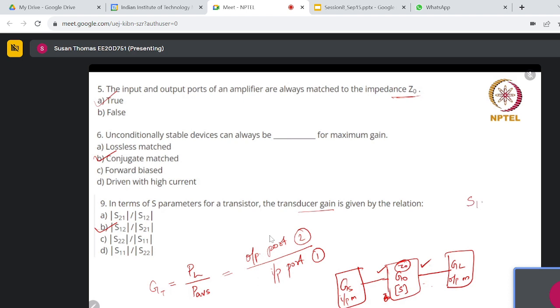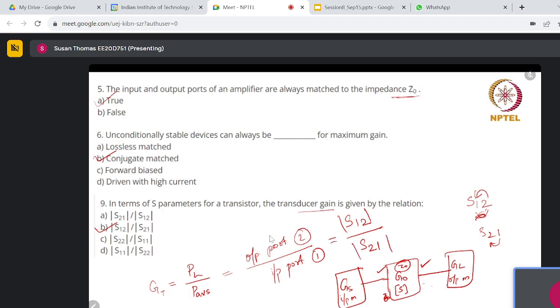When we say S12, basically it is the transmission from 2 to 1, and S21 is the transmission coefficient which indicates the transmission from 1 to 2. So it can be redefined as S12 divided by S21, with the modulus sign.